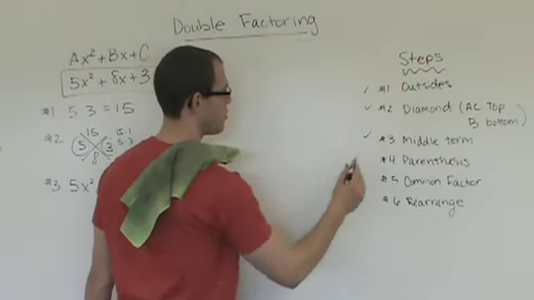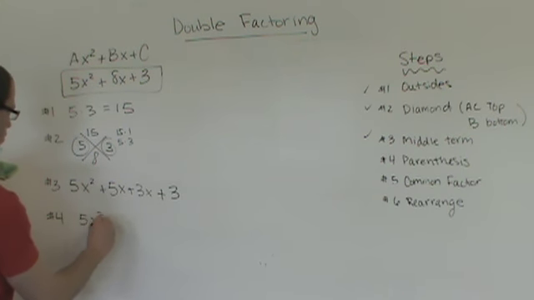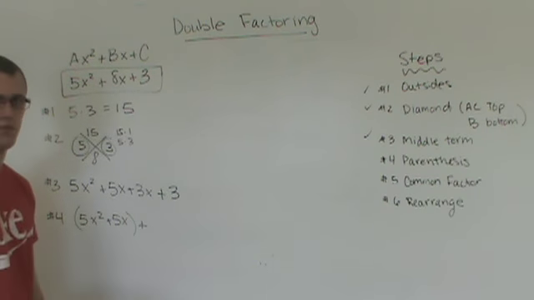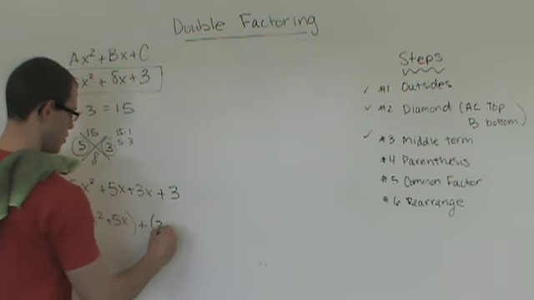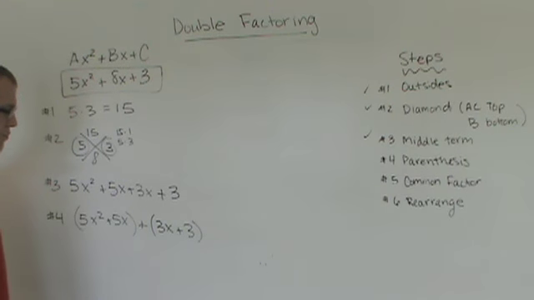So there we took care of the middle term. Next, we want to do our parentheses. So number 4, I'm going to take 5x squared plus 5x, put parentheses around those first two, put a plus sign in. You always put a plus sign in, always a plus sign, even if it's a negative. And then you write what's left inside the parentheses.